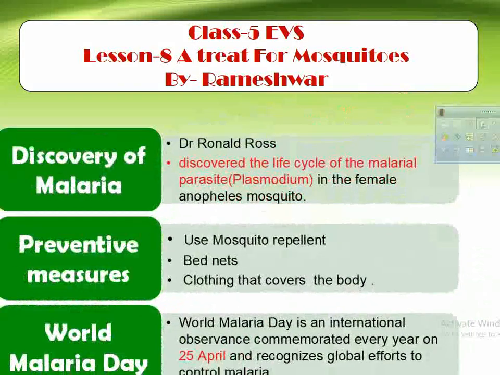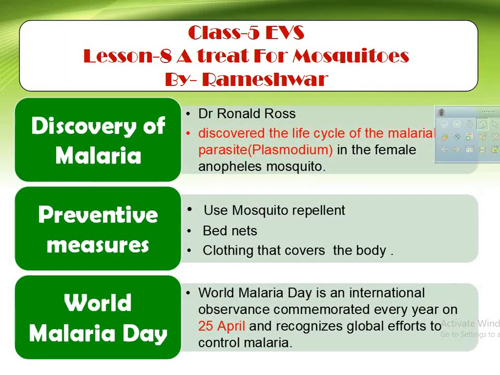So in this video we are going to study about the discovery of malaria, which was done by Dr. Ronald Ross, who discovered the life cycle of the malarial parasite, that is Plasmodium, in the female Anopheles mosquito. Then preventive measures, meaning what kind of prevention we can take to keep ourselves safe from malaria.